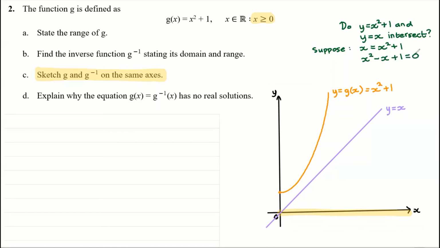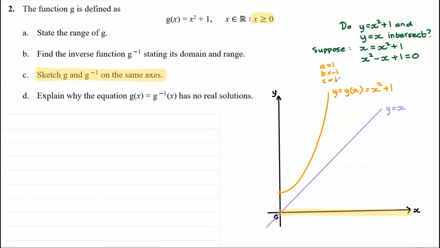Now, does that equation have any real solutions? Well, how do you test that? You would look for the discriminant. So your discriminant, you've got a is equal to 1, you've got b is equal to -1, and you've got c is also equal to 1.